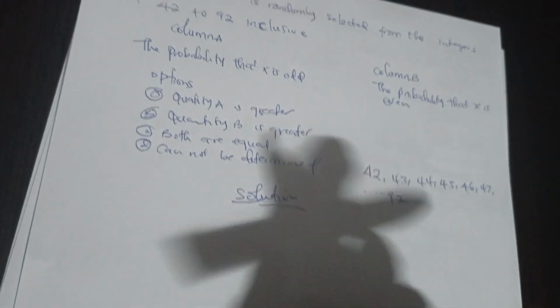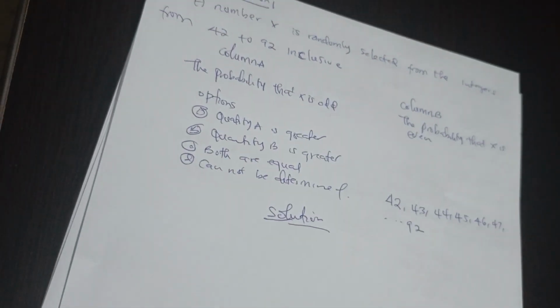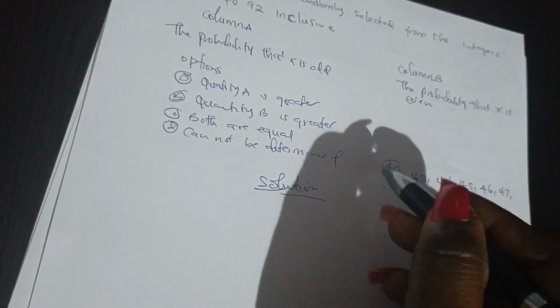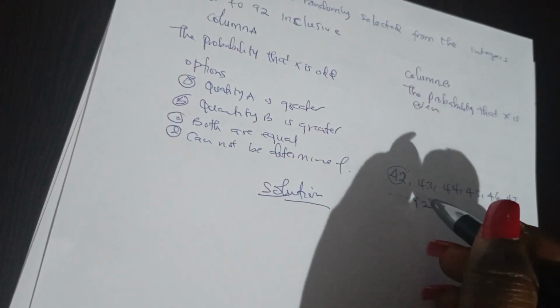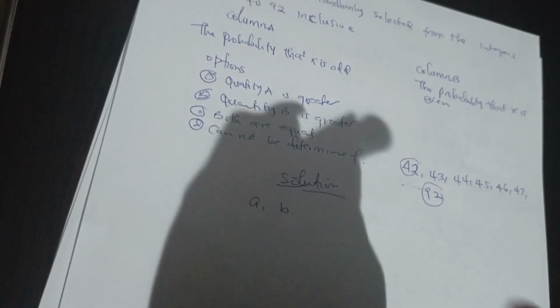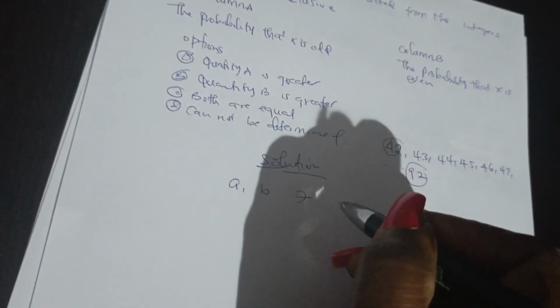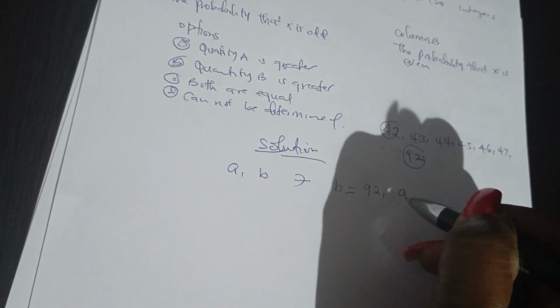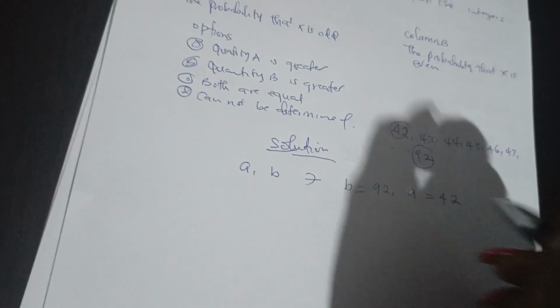So instead of going on with this, let's pick two numbers. We have the smallest number, which is 42, and the biggest number, which is 92. So let's pick numbers A and B such that B is the highest number, which is 92, and A is the smallest number, which is 42.